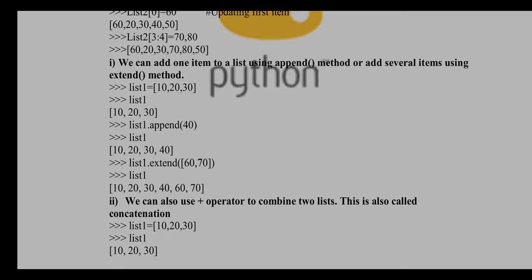We are appending element 40 here in list 1, so that element is added in the last position in the list. Then we are extending the list by using a series of elements, that is 60 and 70. So those elements are also going to be appended at the end of the list. That is, they come after the 40, that is 60 and 70.